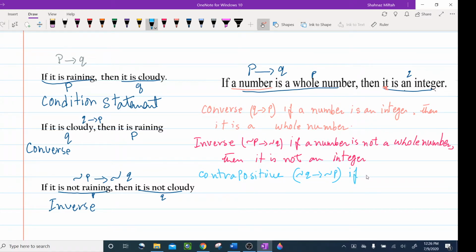So if a number is not an integer, comma, then it is not a whole number.